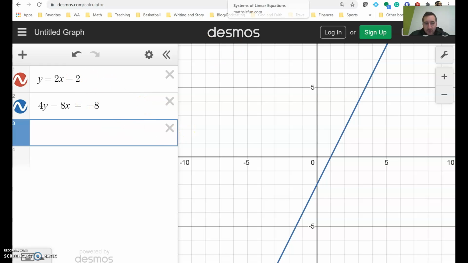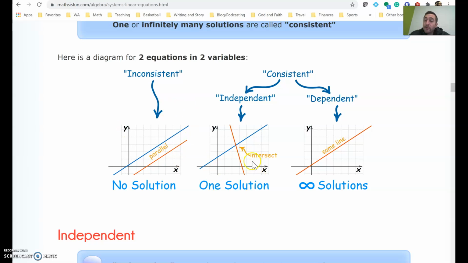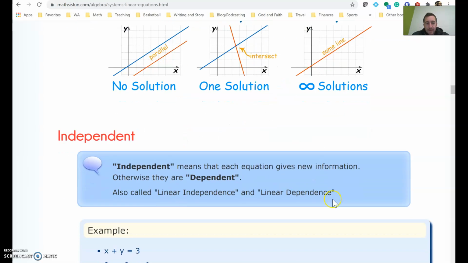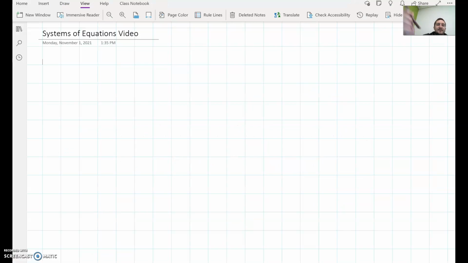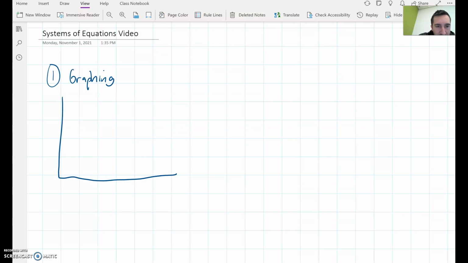Okay, so that's the first learning point that I wanted you to have, is that most of the time there's one solution, but there could be none and there could be infinity. So how do we find them? We talked about 3 ways that we find systems. The first method is graphing. And I'm actually not going to focus on that much because we've been graphing a lot.